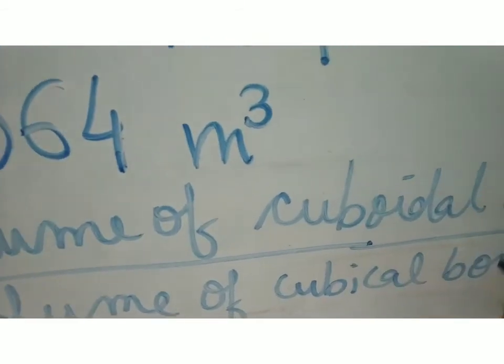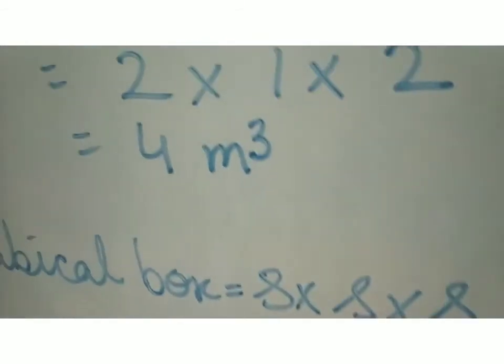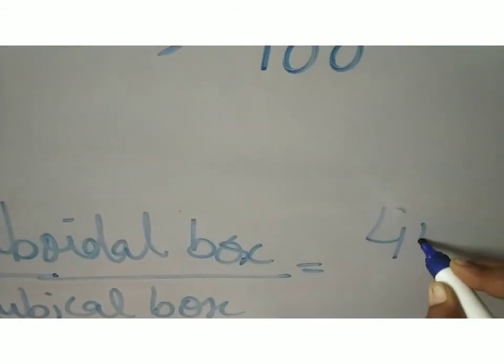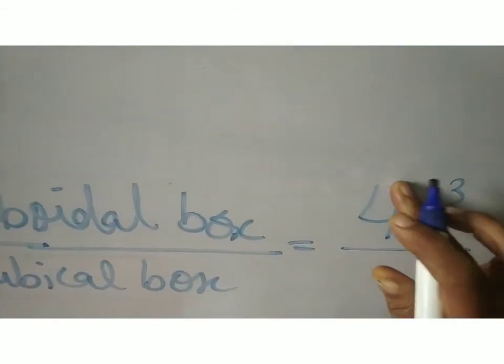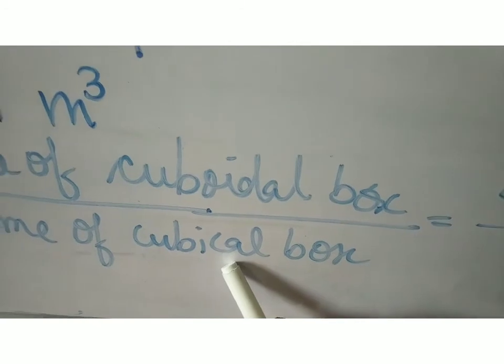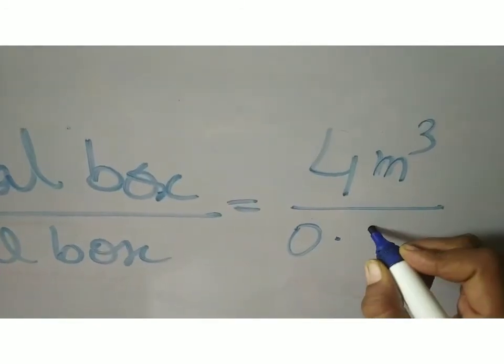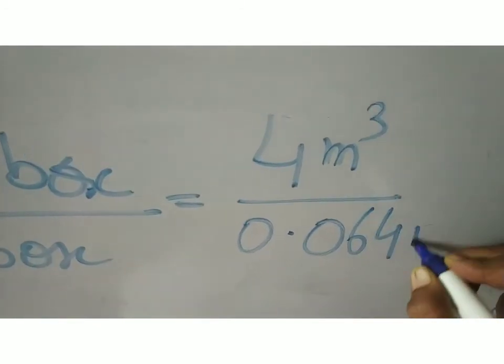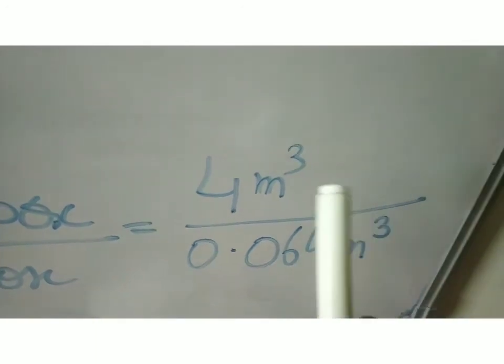The volume of the cuboidal box is 4 meter cube, and the volume of the cubical box is 0.064 meter cube. Now I can divide it.